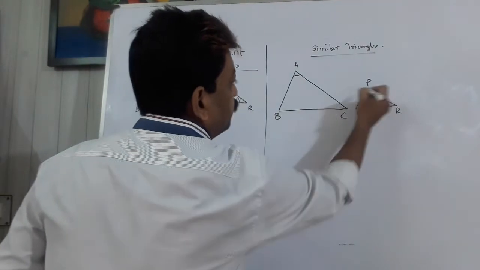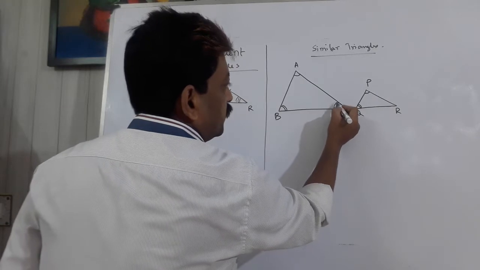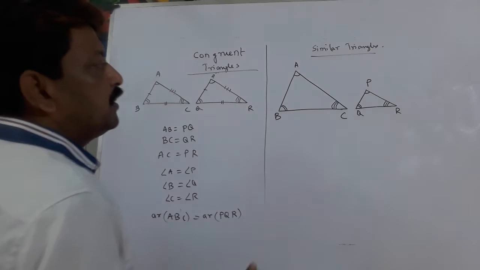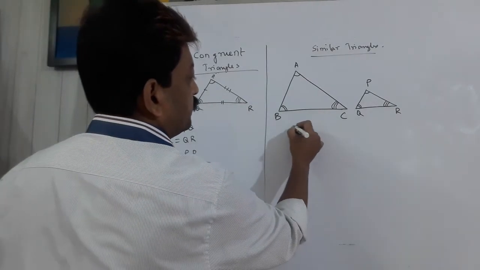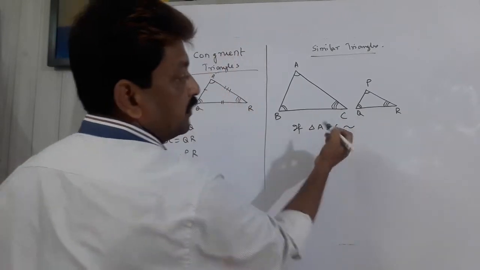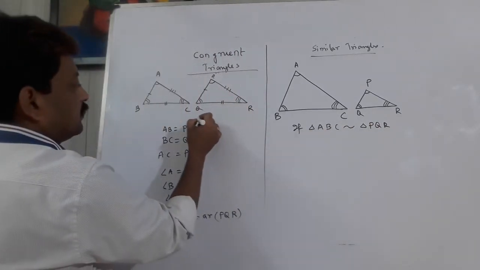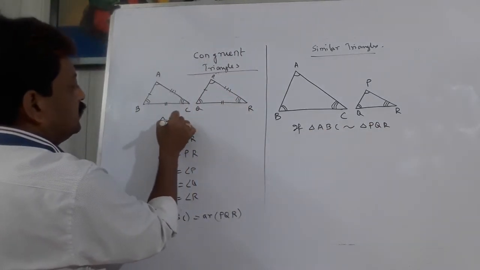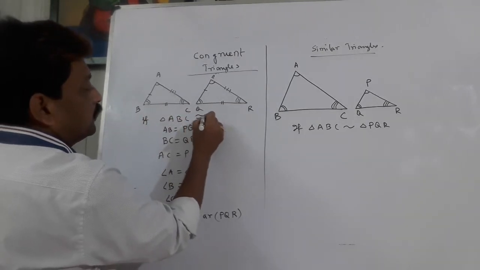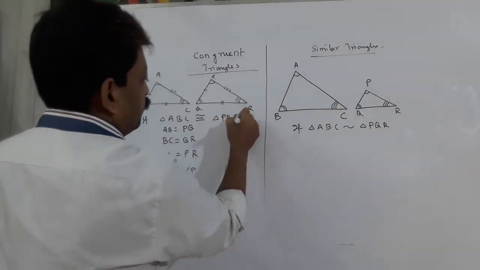Angle A is equal to angle P, angle B is equal to angle Q, and angle C is equal to angle R. So these two are similar. So if triangle ABC is similar, this is the sign of similarity, to triangle PQR. And if triangle ABC is congruent, you all know this is the symbol of congruent, to triangle PQR.